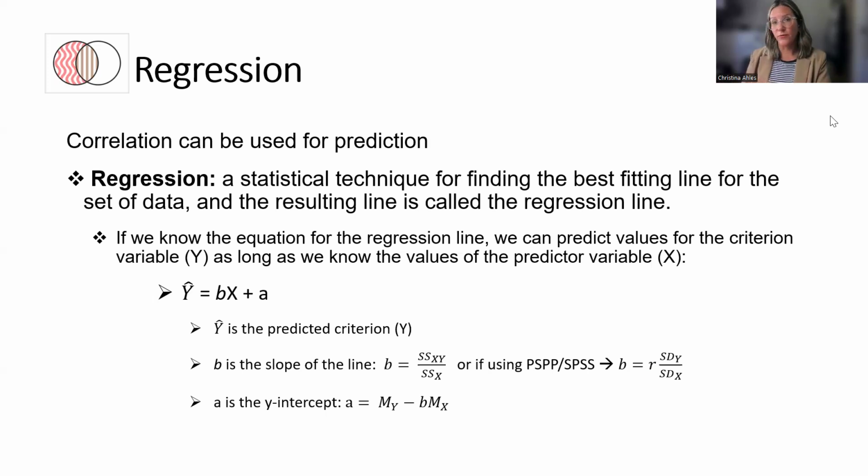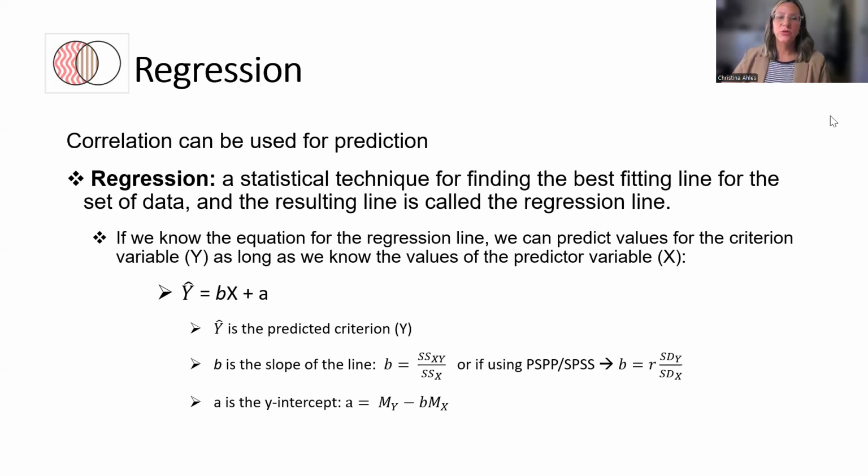But correlation can be used for prediction. And when we use it for prediction, we use what is called regression. That's a statistical method to find that line of best fit, which is the regression line. Once we find that regression line, we can start using it for prediction.